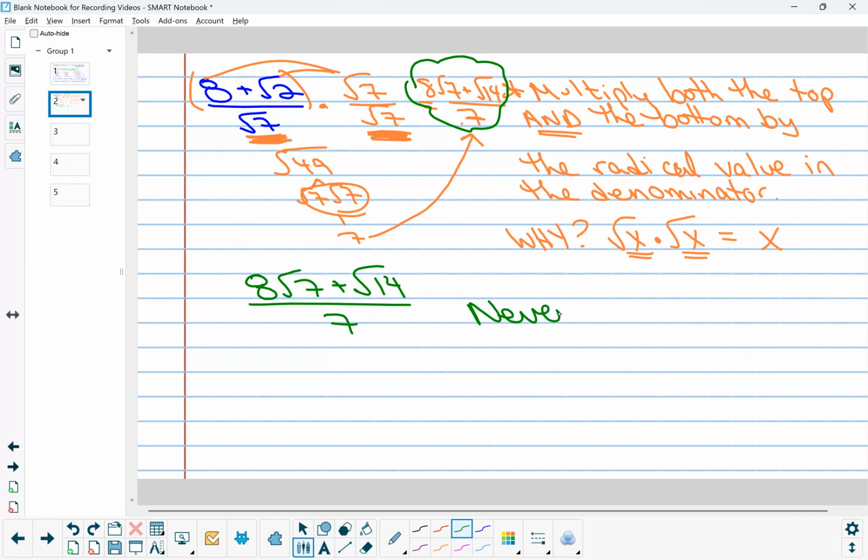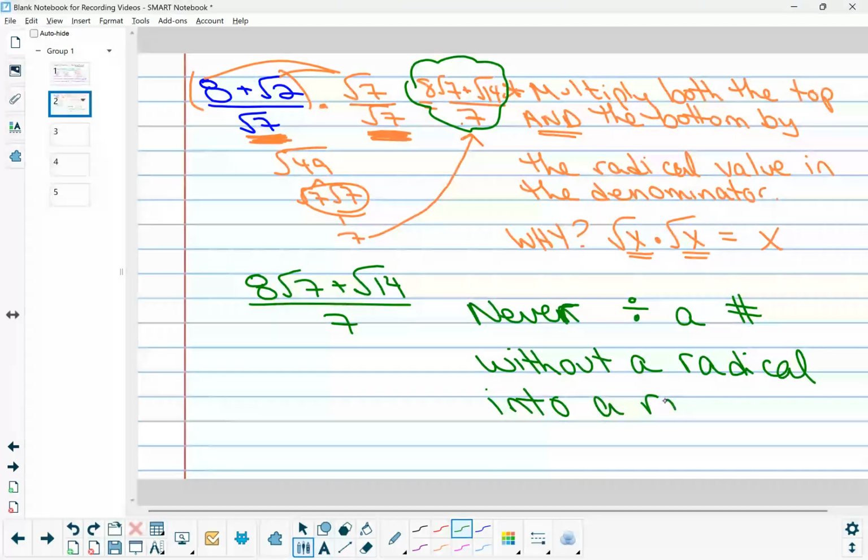Now, what you can never do, there is going to be some simplifying here, but you can never divide a number without a radical into a radical. So what I mean by that, you can't divide this 7 here into this radical 7. They're not the same value, right? If you take and put a radical 7 into a calculator, you're going to get like 2 point something. It's not 7, it's 2 point something.